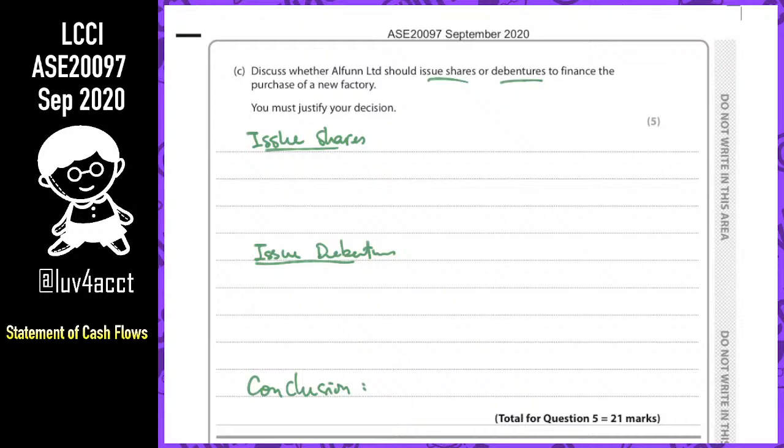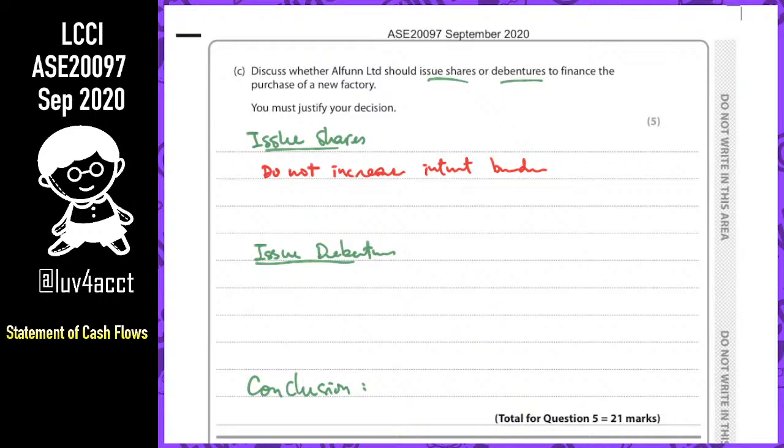For issuing shares, it is good in one thing: it does not increase the interest burden of interest payment. Also, when the debentures fall due, you also have to return the amount and repay it first. If you fail to pay interest or repay the debentures upon maturity, you can go bankrupt.